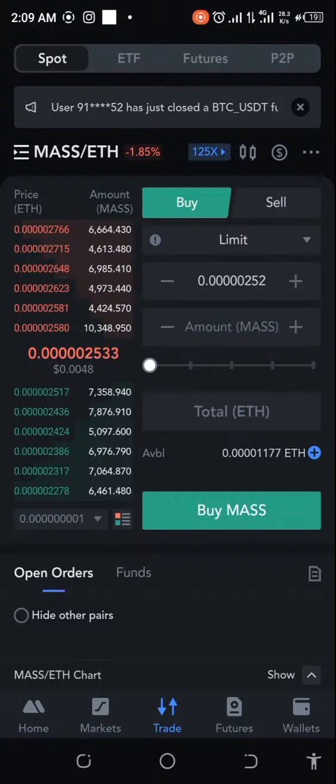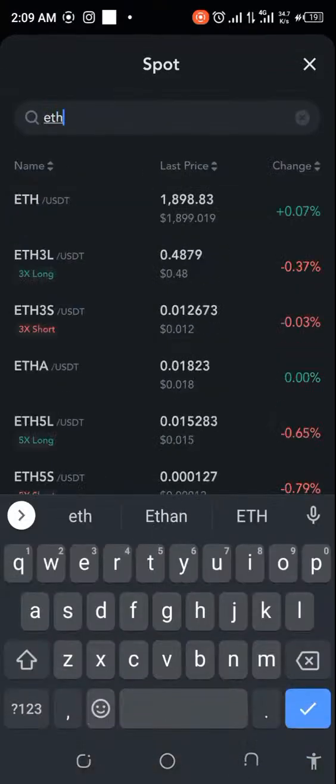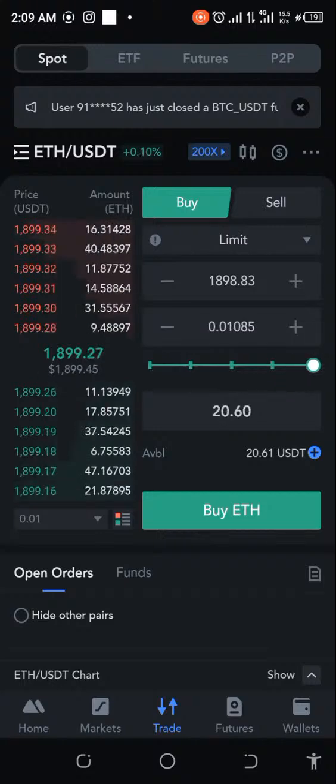So to do the simulations, what we need to do is to first of all try and get ETH, or ETH for short. So let's go ahead and try this out. Let's go ahead to ETH, and then we'll try to pick up what we have here, which is like $20.61. So I'm just going to pick that all up, and then I'm going to copy. Oh, it didn't even pick everything up. It just picked up 20.60.